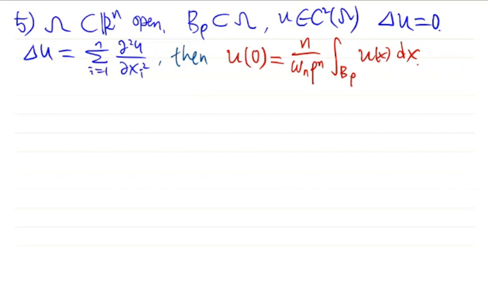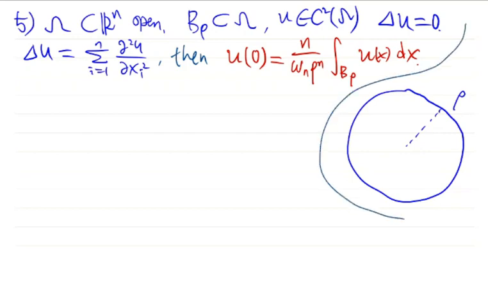Why is this called the mean value theorem? So this is the ball of radius rho. Our omega is a larger set containing this ball. So this integral can be considered as the sum of u over the ball.